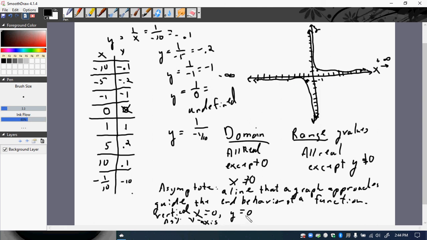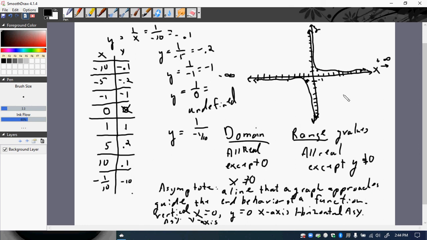So when you see the asymptote of y equal to 0, that is the x-axis. And so this is called a horizontal asymptote. Okay. So again, we know we have a vertical asymptote at x equals 0 with this one. Okay, and then we have y equal to 0 for the horizontal asymptote.